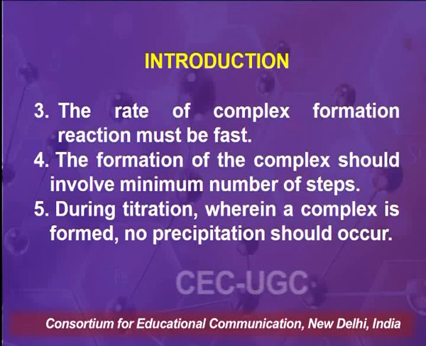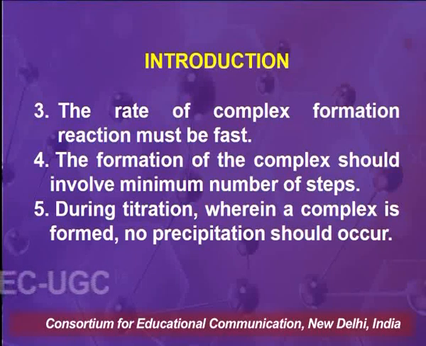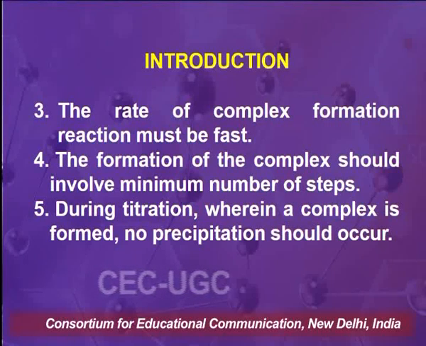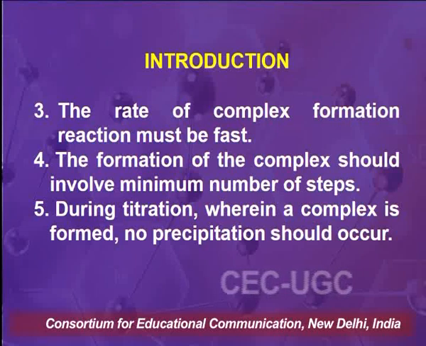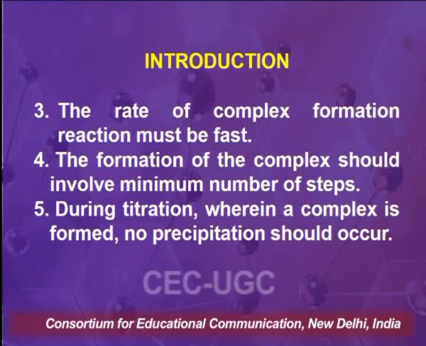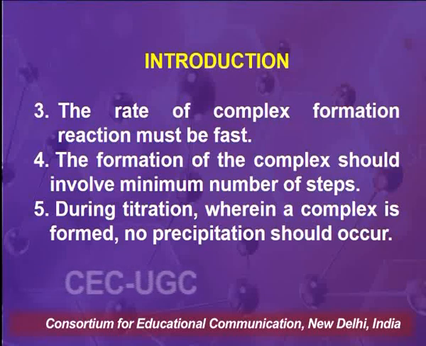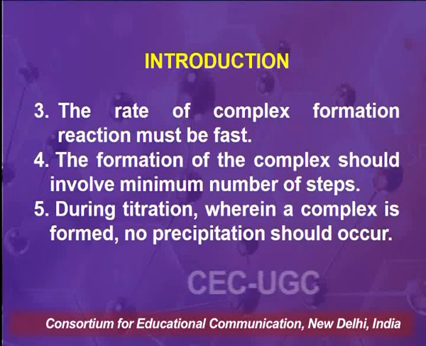The third important criterion is that the rate of formation of the complex must be very fast, and the formation of the complex should involve a minimum number of steps, since increasing the number of steps in complex formation makes the reaction very slow and it enables the endpoint to become very sluggish. During the titration wherein a complex is formed, no precipitation should occur.